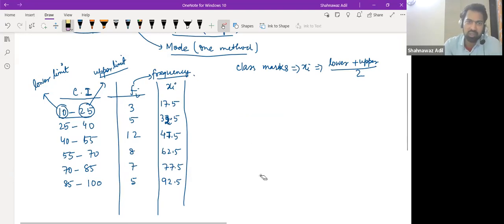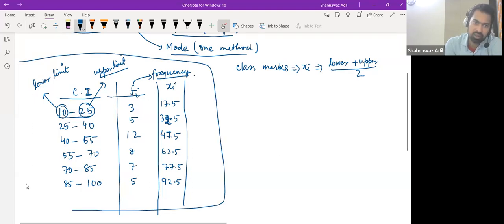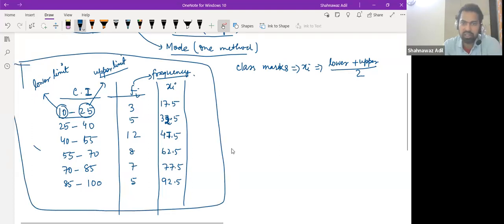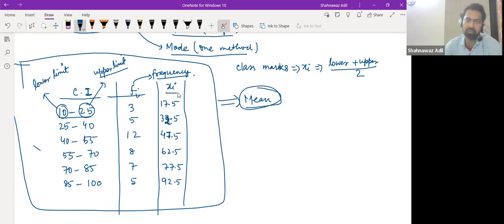Okay. So this is for mean only. To calculate the mean, we will calculate these class marks. Statistics and probability will not take too much time.